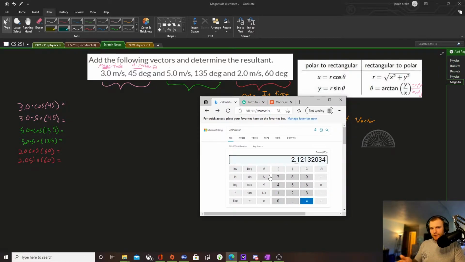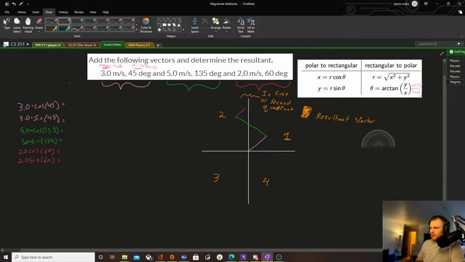And since it's 45 degrees, we know that the x and the y will be the same, so it's 2.12. So both x and y coordinates will be 2.12. And if you look at it right here, you can see it's cutting it in the middle, so it's going to have the same values on the x and y axis.